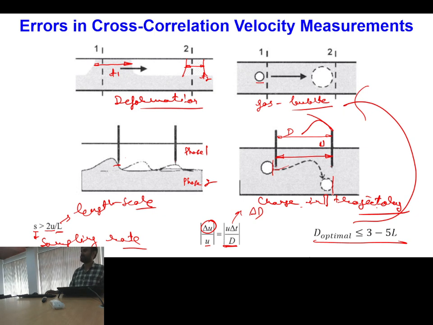Other things we majority of the time don't consider when applying it for large sized bubbles, because their deformations will be huge, and we will not be able to accurately determine the velocity, because within the bubble also there can be deformations at different locations and changes in the velocities at different locations.